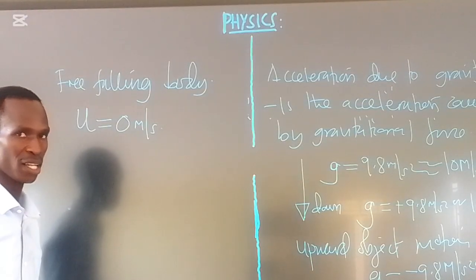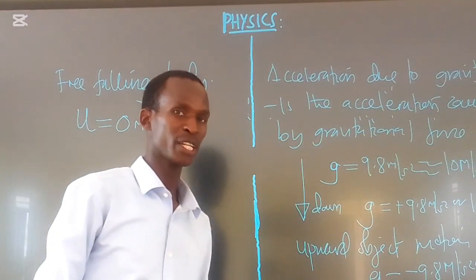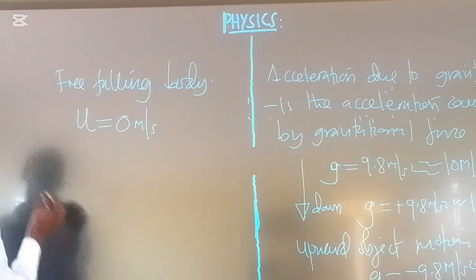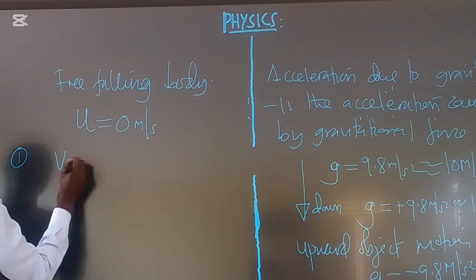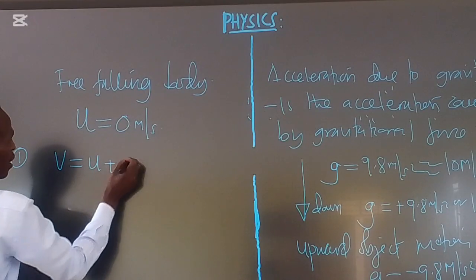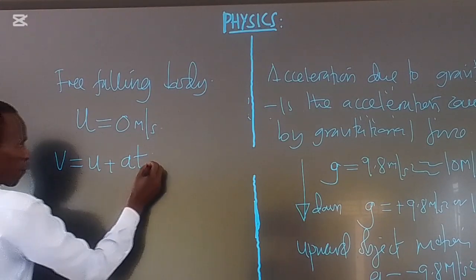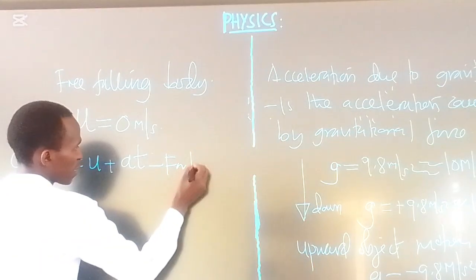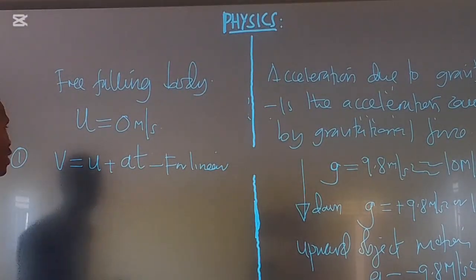Okay. From the equations of linear motion, the first equation says that final velocity is equal to initial velocity plus acceleration times time. But this is for linear motion. For motion under gravity, it changes.